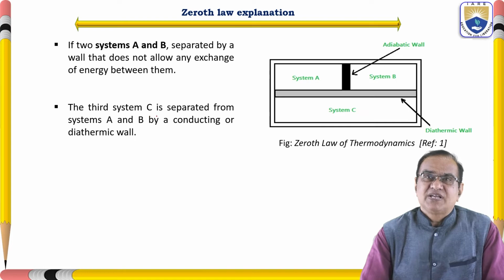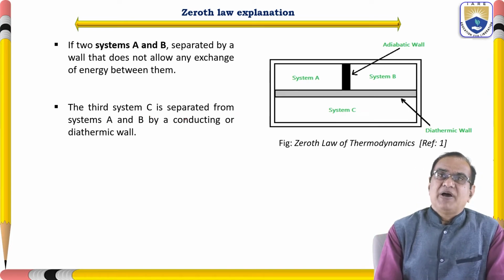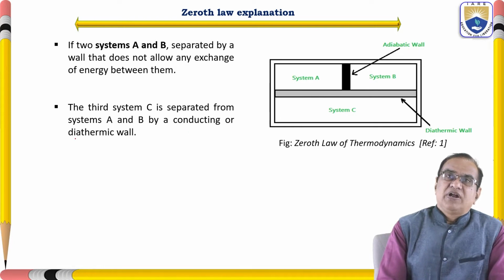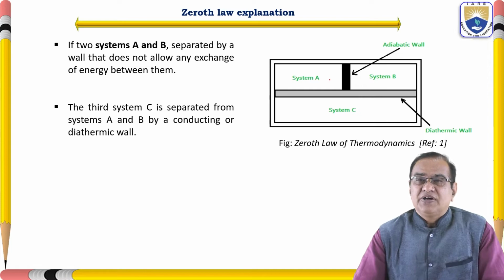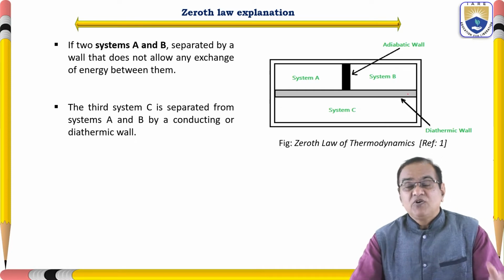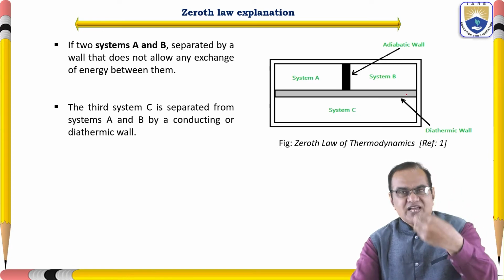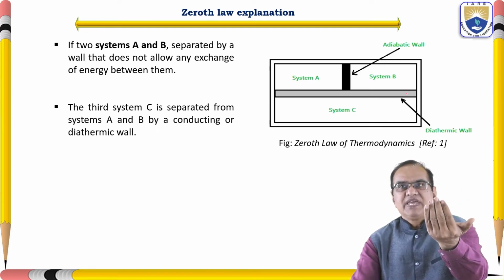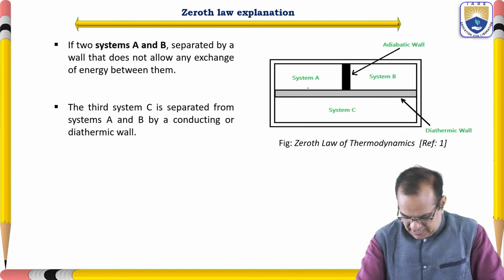The third system C is separated from systems A and B by a conducting or diathermic wall. We know that a diathermic wall transfers heat smoothly from one side to another.